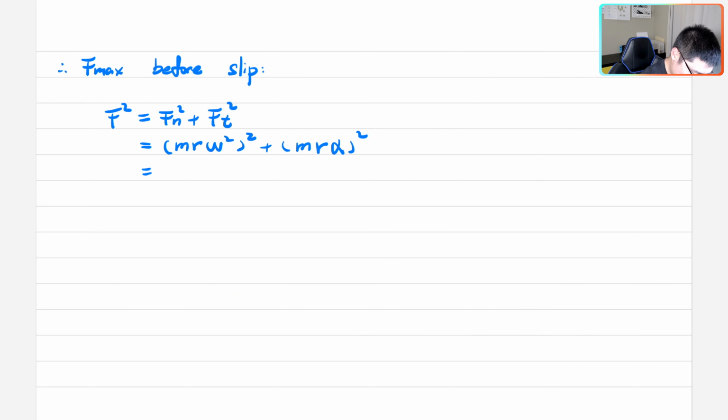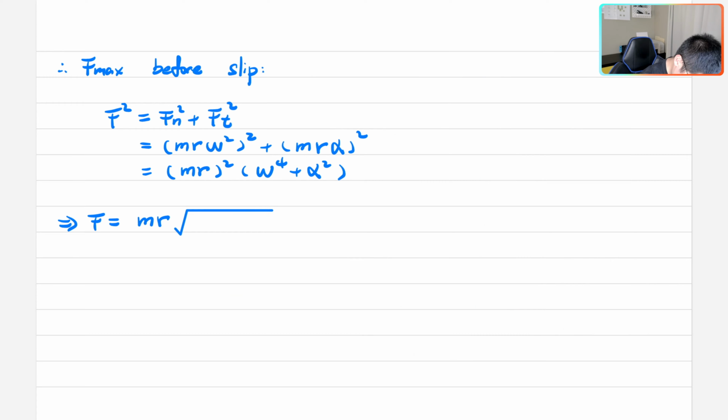Again, we'll do some simplification. Combining similar terms, m squared r squared in the bracket, omega to the power of 4 plus alpha squared. So, written nicely, our force equals m r times the square root of omega to the 4 plus alpha squared.